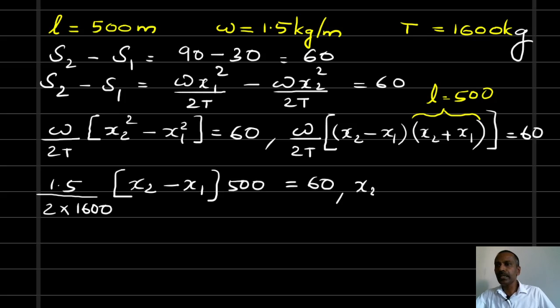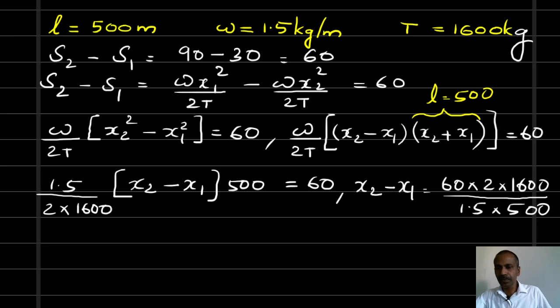Or we can write x2 minus x1 is equal to 60 into 2 into 1600 divided by 1.5 into 500. So x2 minus x1 is equal to 256 meters.